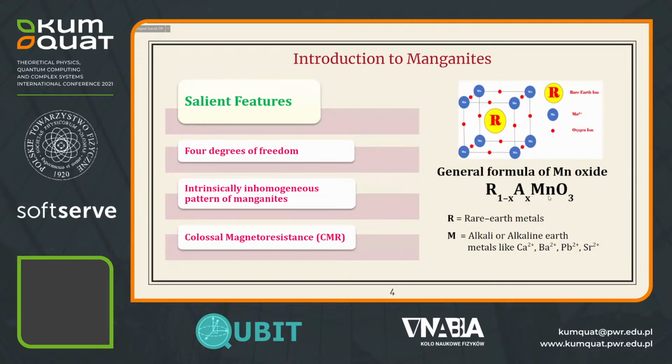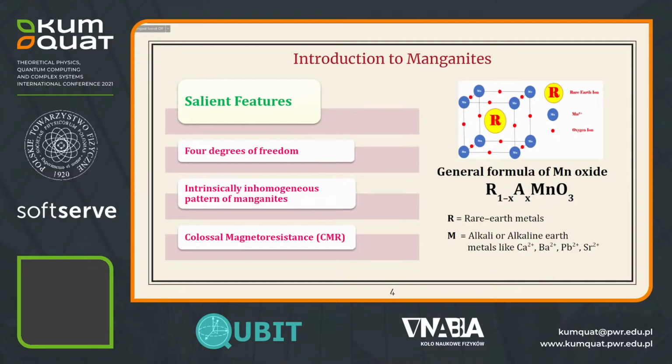Manganese plays an important role because, depending upon the doping concentration in place of the rare earth ion, the valency of the manganese ion changes.